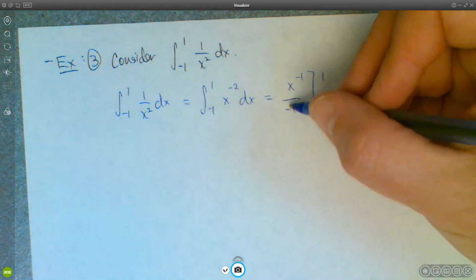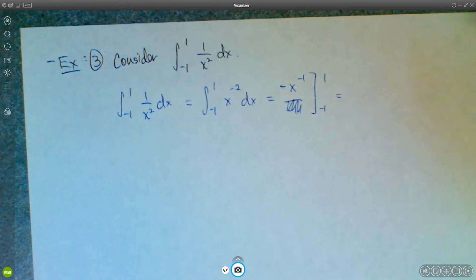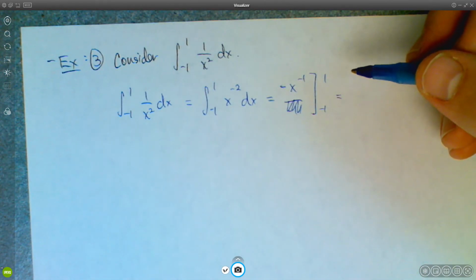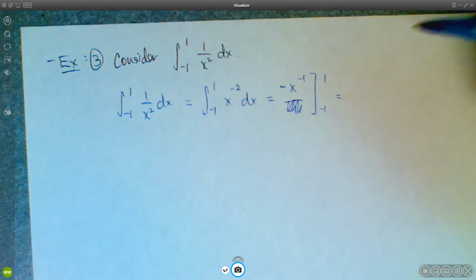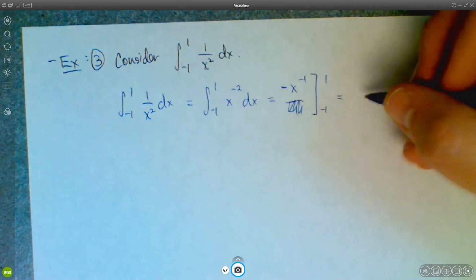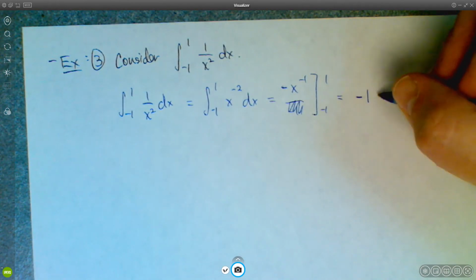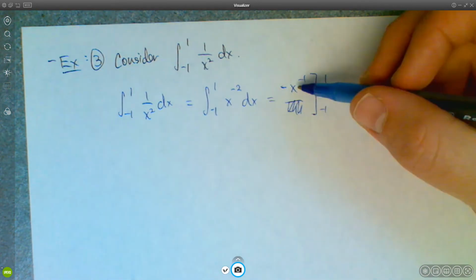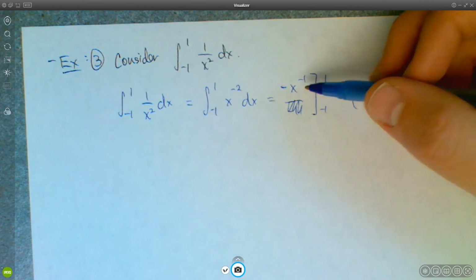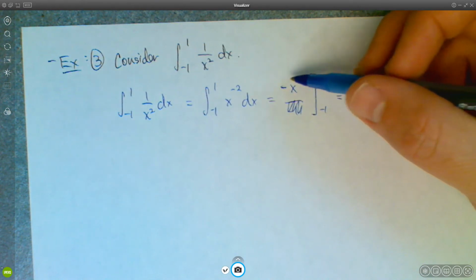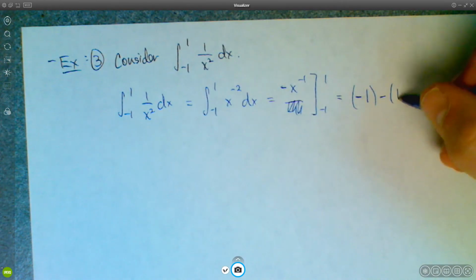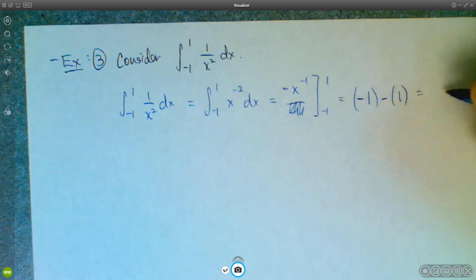So this is just a negative x to the -1. If I plug in 1, 1 to the -1 is 1, and the negative sign will make it negative. So I get -1 minus, if I plug in -1, -1 to the -1 is -1, and then -1 times a negative will make it a +1. Holy schmoly. Anyway, so you should get -2 as the net signed area.